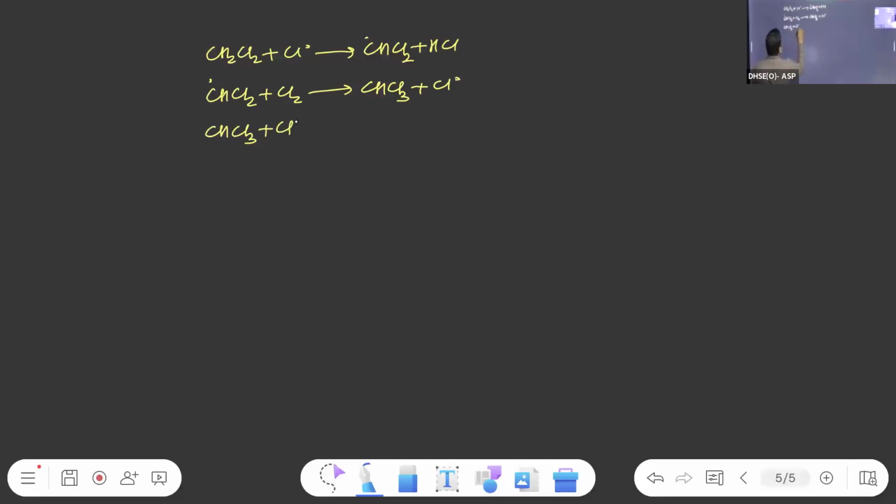CHCl3 plus Cl dot gives CCl3 dot plus HCl, then CCl3 dot plus Cl2 gives CCl4 plus Cl dot. The reaction cannot proceed further because there is no hydrogen left with the carbon. Okay, note down quickly. So propagation step is over.